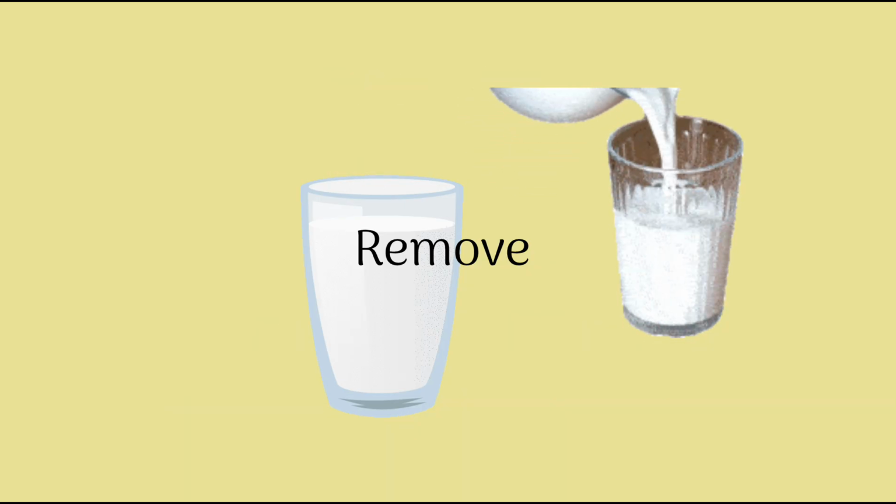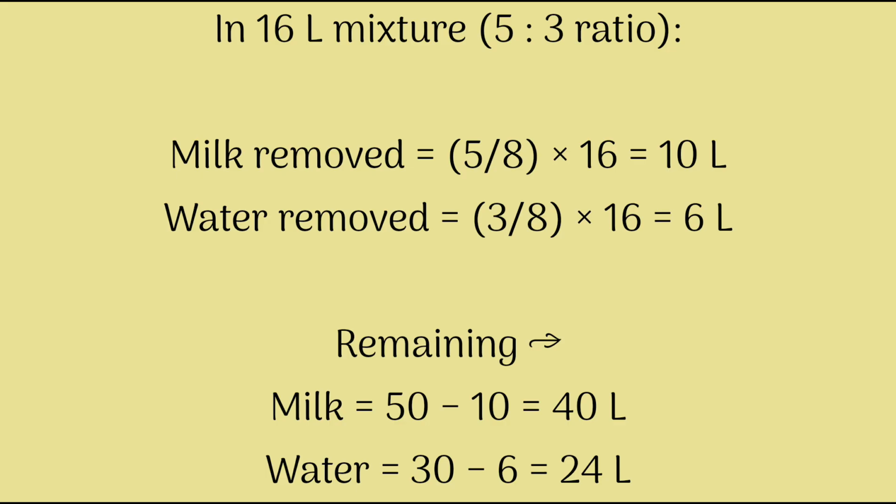Then we have to remove 16 liters of the mixture, which is in the ratio 5:3. So we multiply 16 with the ratio: for milk 5/8 into 16, and for water 3/8 into 16, which comes out to be 10 liters and 6 liters respectively.